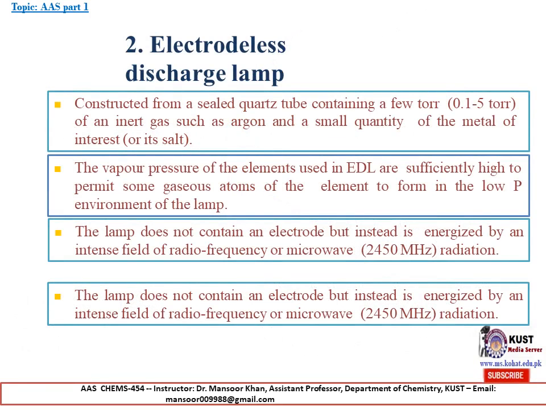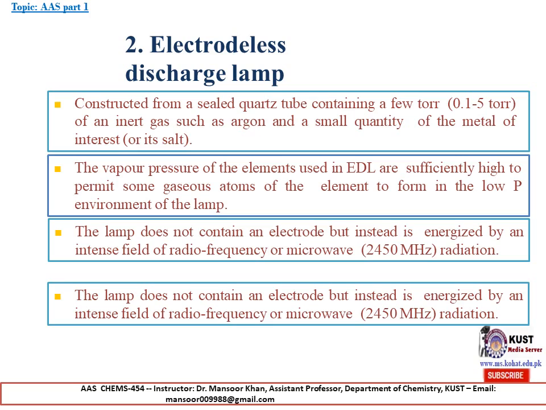Another important line source which is used in atomic absorption spectroscopy is the electrodeless discharge lamp. The electrodeless discharge lamp is constructed from a sealed quartz tube containing a low pressure, equal to 0.1 to 5 torr, of an inert gas such as argon and a small quantity of the metal of interest or its salts.